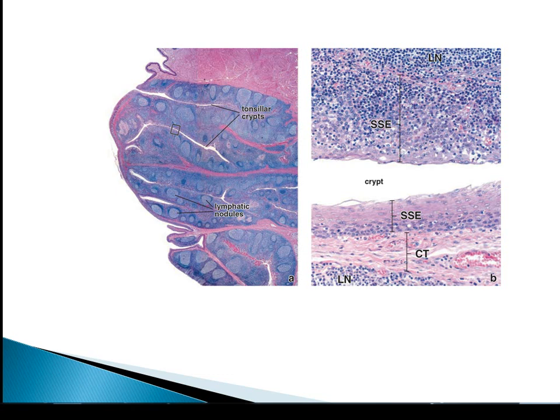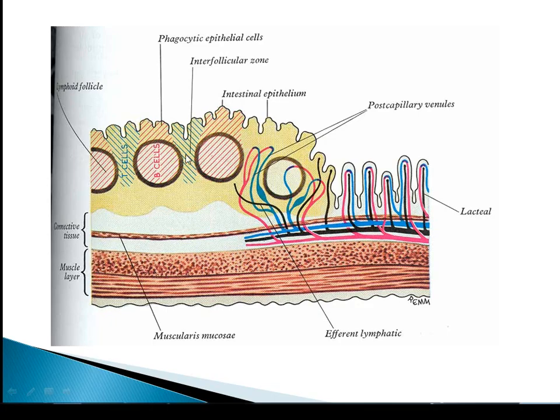Examples are gut-associated lymphoid tissue: pay attention, in the wall of the intestines we have lymphoid nodules. They form gut-associated lymphoid tissue, present along the alimentary canal. Then we have bronchus-associated lymphoid tissue, BALT, in the respiratory system, and we have tonsils.